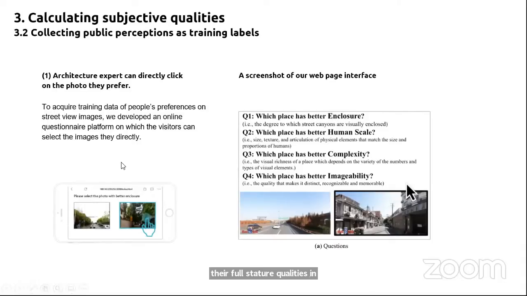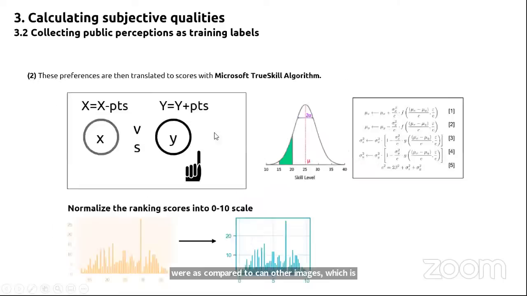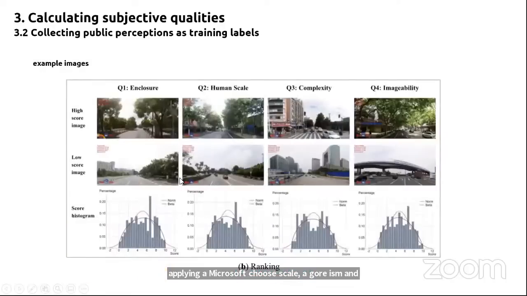On average, an image was compared to 10 other images, which is efficient enough to let the results converge. And this preference is translated to a ranking score by applying the Microsoft TrueSkill algorithm and normalized into a 0 to 10 scale. And this is an example of the high score images and low score images.